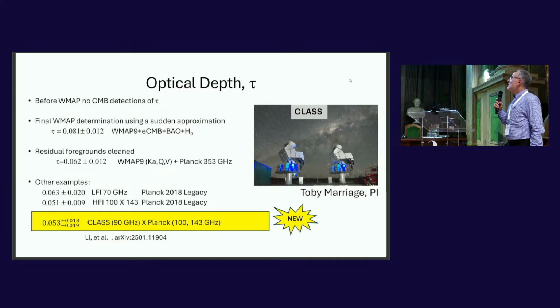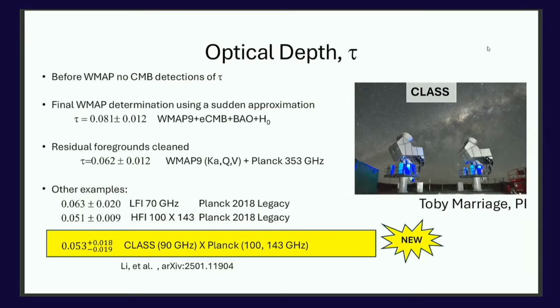And then our final WMAP determination is shown here again with that ECMB, the BAO at the time, and the distance ladder H0. This was, in retrospect, clearly somewhat contaminated by foregrounds. So we had the fabulous Planck 353 gigahertz map, which we're very pleased to have.